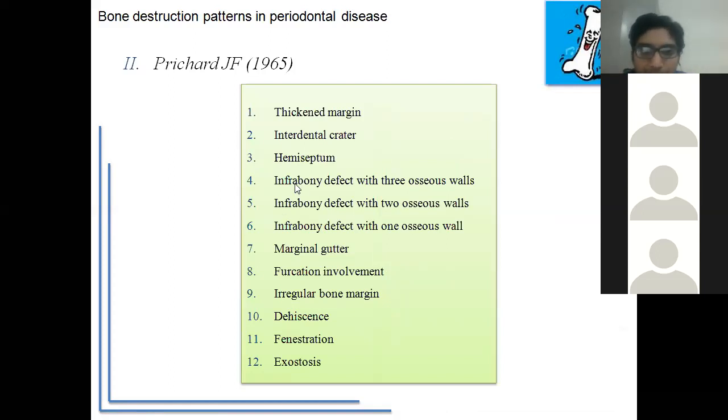Then comes hemiseptum, a 1-wall intrabony defect, then intrabony defects with 3 osseous walls, 2 osseous walls, and 1 osseous wall. Then furcation involvement, irregular bone margins, which come under bulbous bony contours, dehiscence, fenestration, and exostosis.